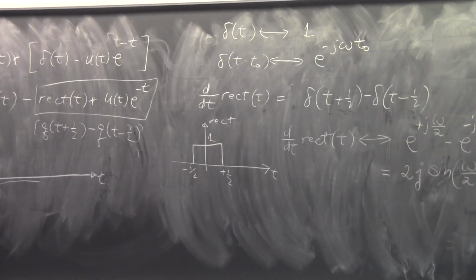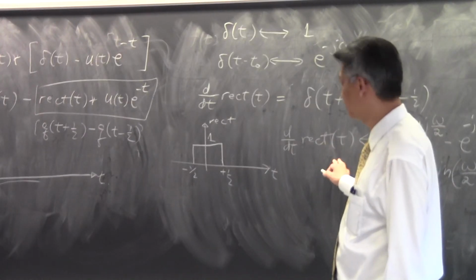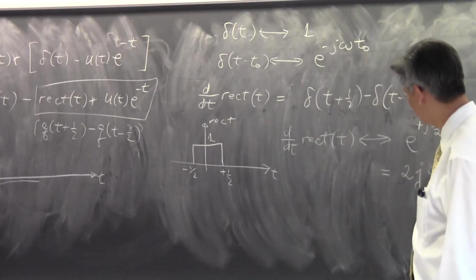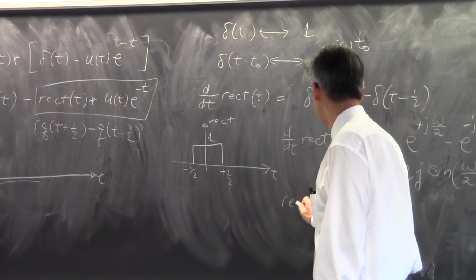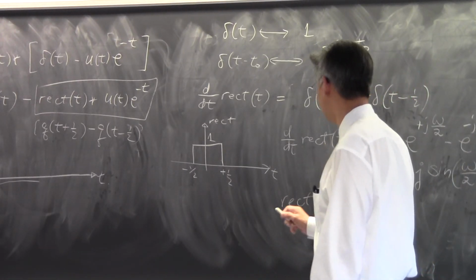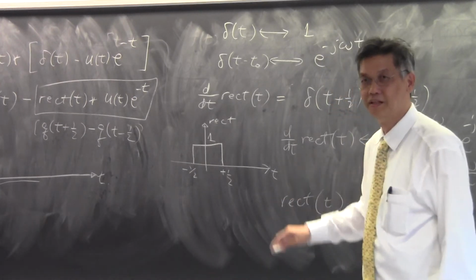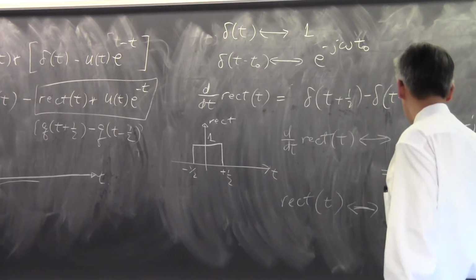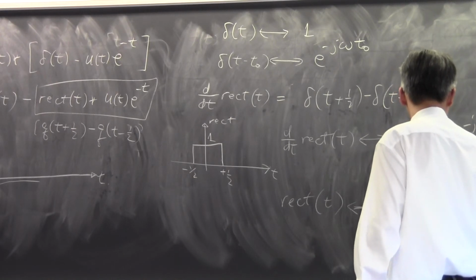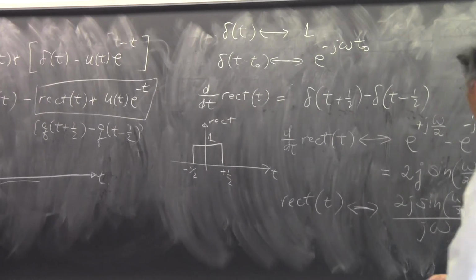But then using the derivative property of the Fourier transform, if the derivative of a function Fourier transforms to that, what does the function itself Fourier transform to? A derivative is replaced by what in Fourier space? J omega. So it must be this thing divided by j omega, right?